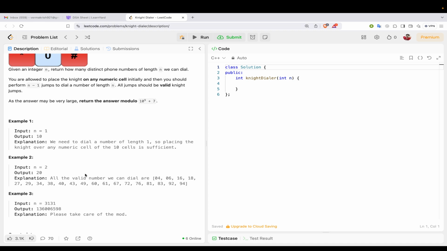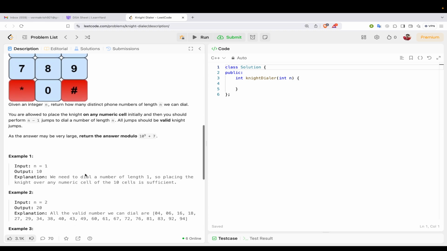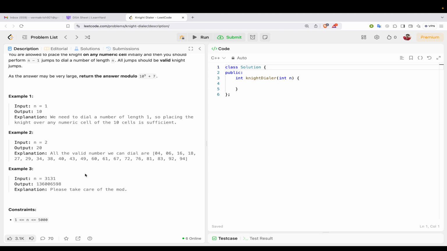One more thing is that you are allowed to place the knight on any numeric cell initially, so you can start placing your knight at any of the numbers on this dial pad. Then you have to move n minus 1 steps with the help of this knight, and generate the phone number. So you have to find out the total number of different possible numbers.